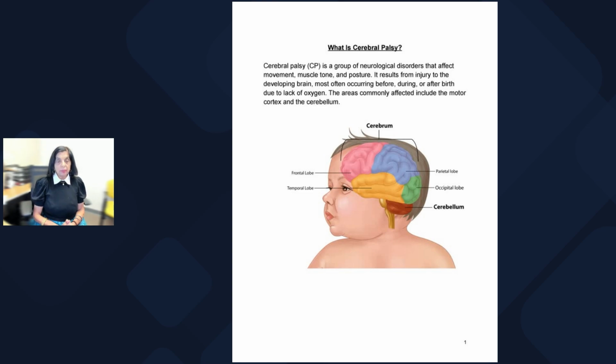In order to make things simple for our viewers, the first slide is a picture of a baby with the brain anatomy that shows cerebrum, parietal, occipital, and cerebellum. At the bottom, the cerebellum is the part that controls movement and stability in the body, which makes the muscle strong.